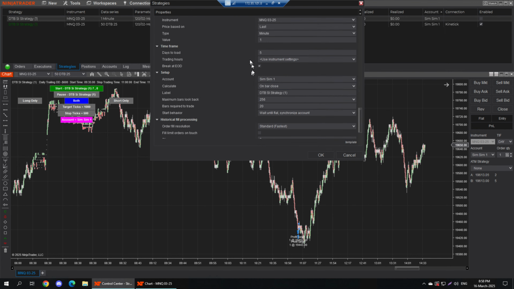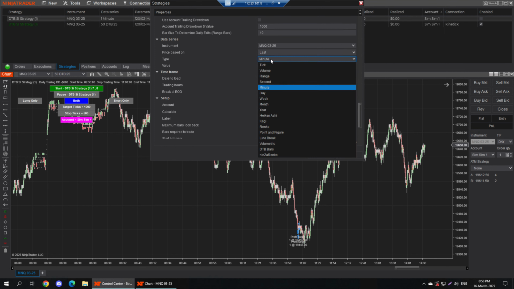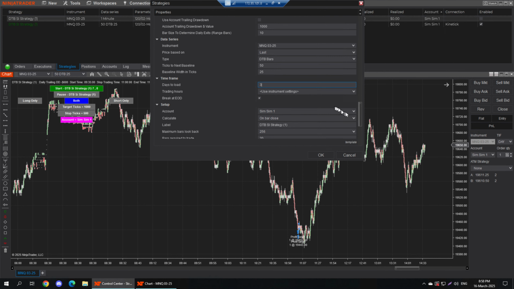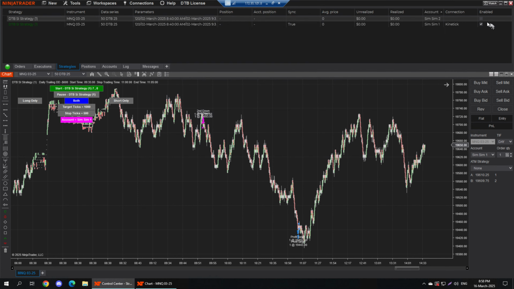So you're going into the DTB bars, and you're choosing your 50-25. You don't have to load 5 days. You can just load like 3 days over here. And then you can say, you know what, I want this to run on another chart. And then you go, okay, okay.